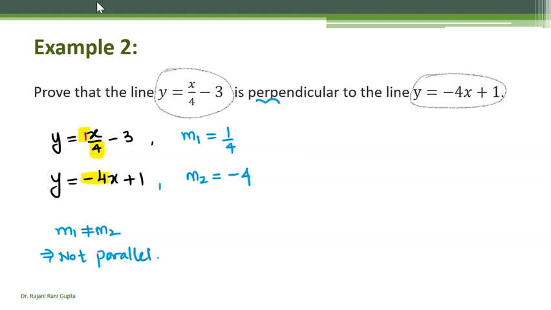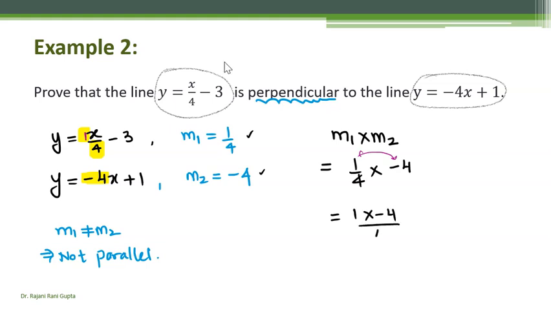Okay, so let's check for perpendicular. For that, we have to find the product m1 cross m2. So m1 is 1 over 4, cross m2 is minus 4. Multiplying in the same way, what does this give you? 1 times minus 4 over 4.